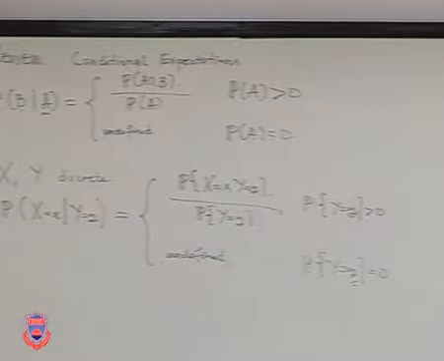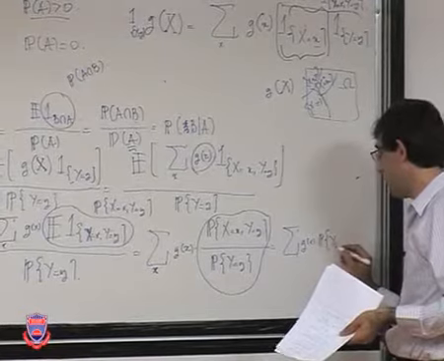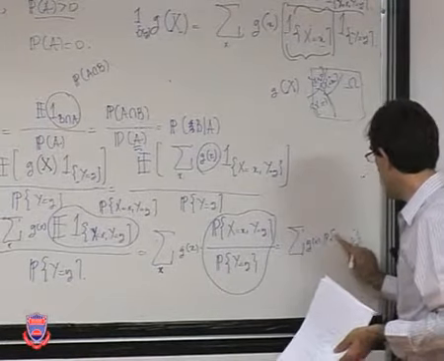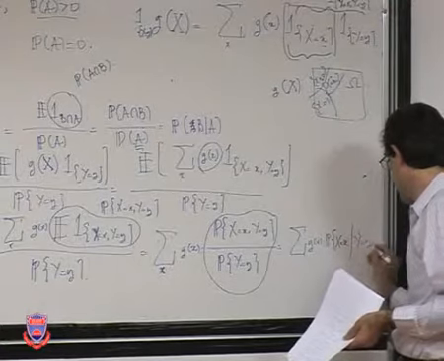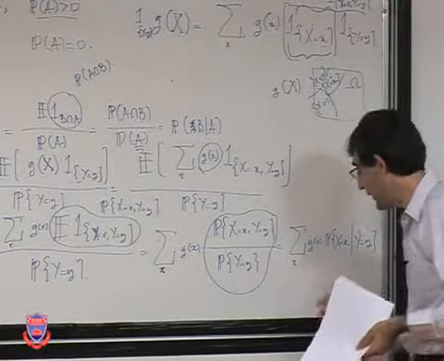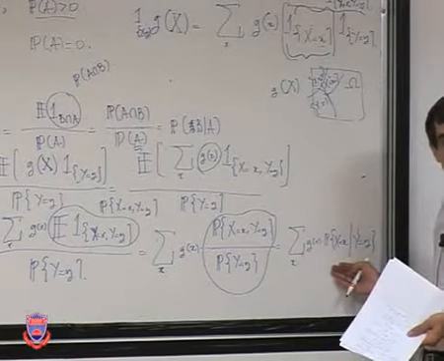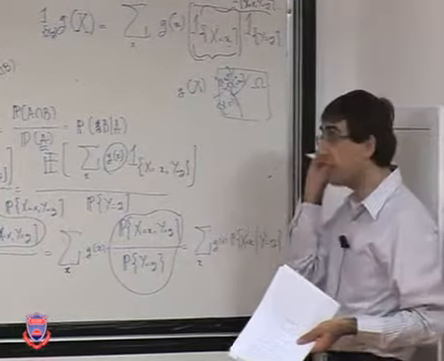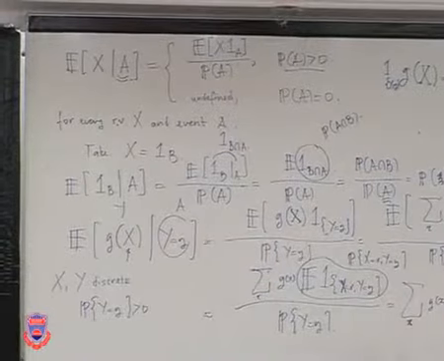So this is g of x times the probability that x equals little x given y equals little y, because we condition on y. And you sum over all x. This is given as a formula or definition in many cases, but in fact it is nothing but an application of this one.